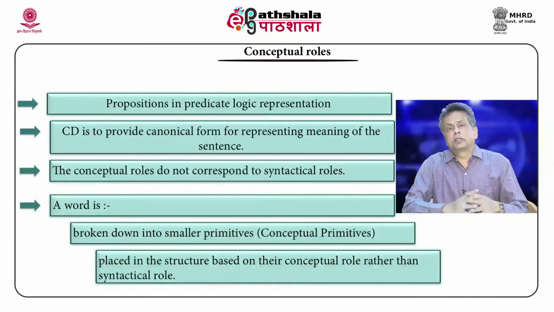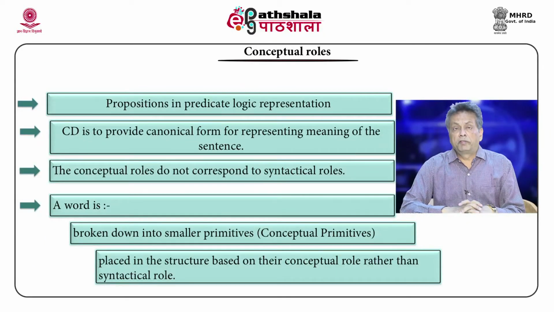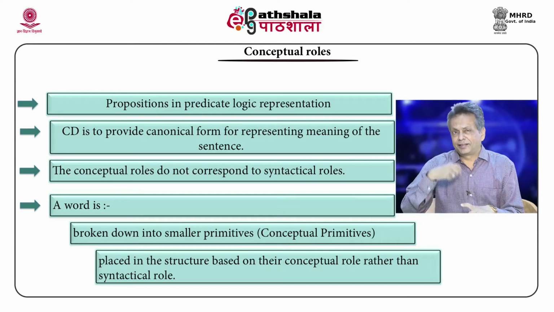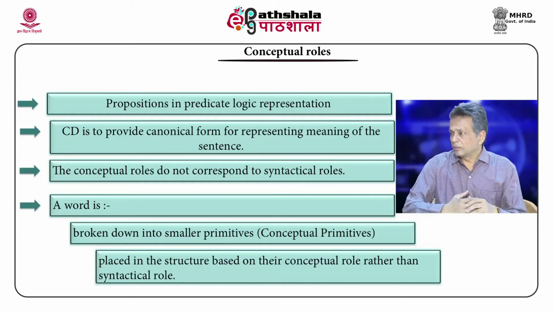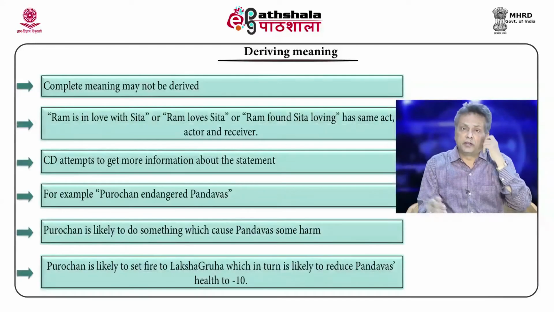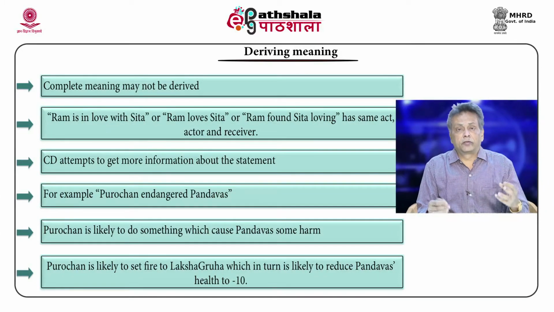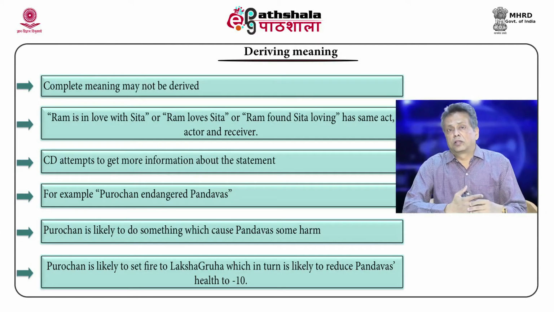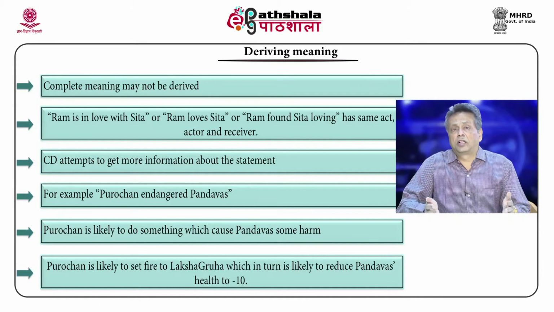Okay. We begin with something called conceptual roles. Every entity involved in a statement has some role to play, and this role is represented by the conceptual role that we talk about. For example, pick up a word like love. That word can appear in many ways, for example, Ram loves Sita, or Ram found Sita loving.